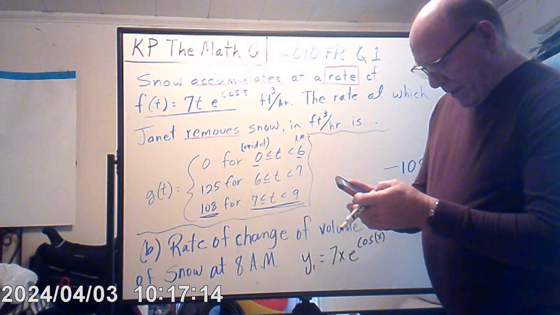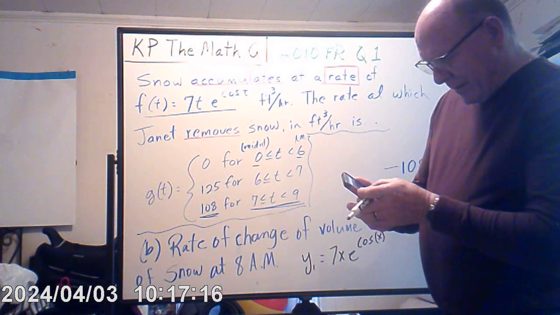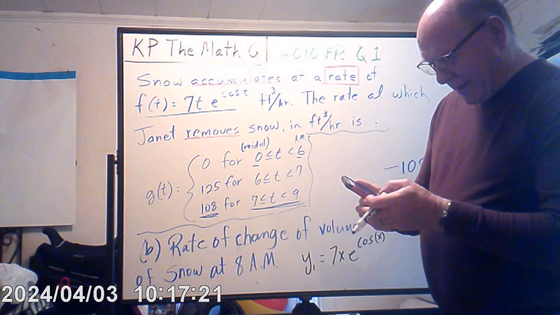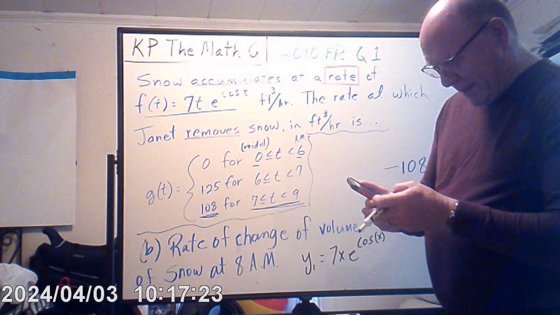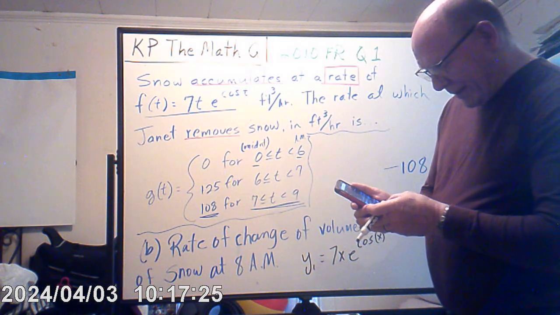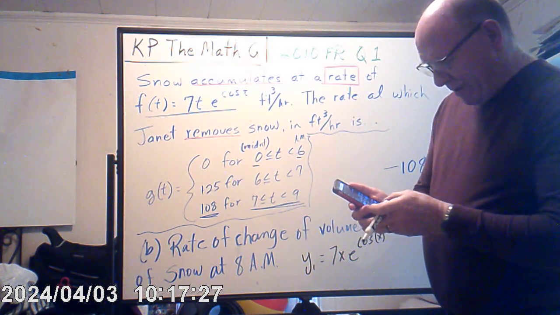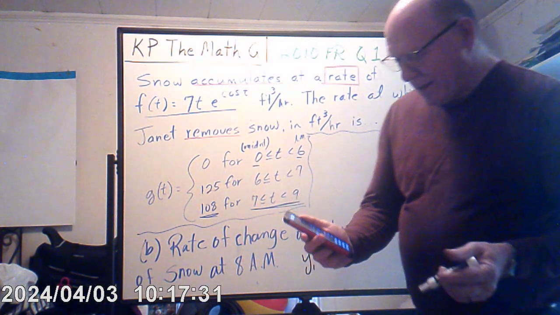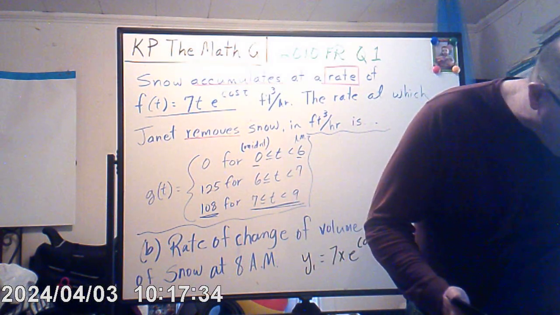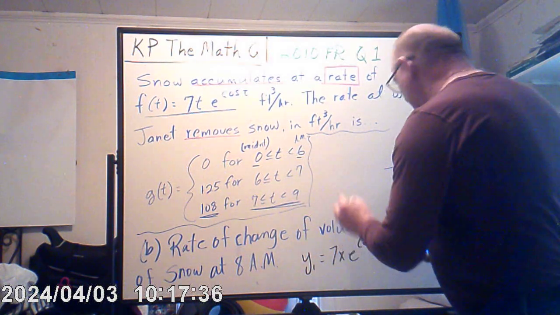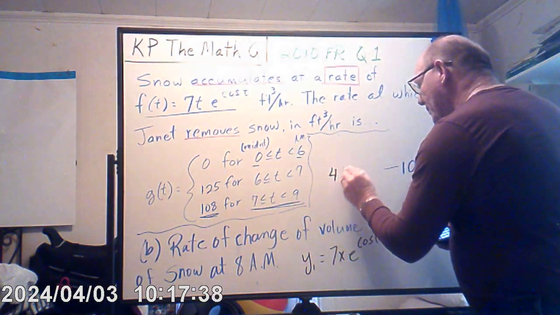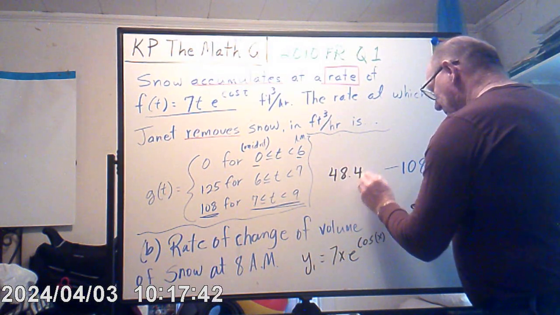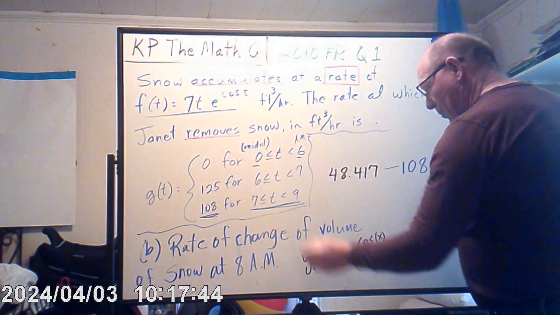Now you can get into y bar again, and you can hit y sub 1, and then in parentheses, since it is 8, you can put that in parentheses, and immediately you'll get your answer. I got 48.417 minus this 108 here.